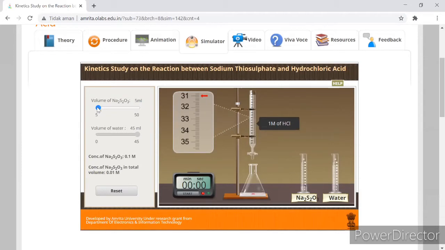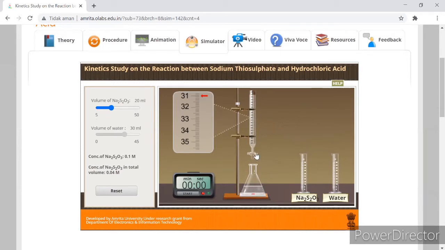Okay, we increase the volume of sodium thiosulfate to 20 ml, and the volume of water is 30 ml. It's automatically the same with the information, yeah. So we click this one, pour the solution, and also click again, pour it.